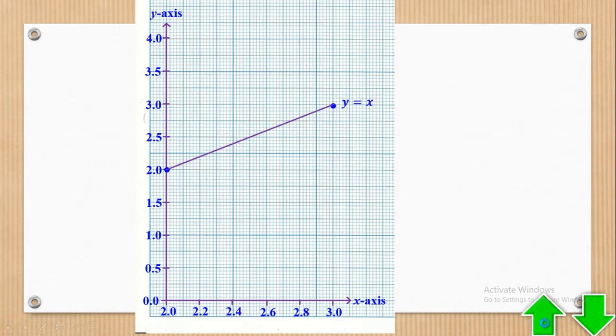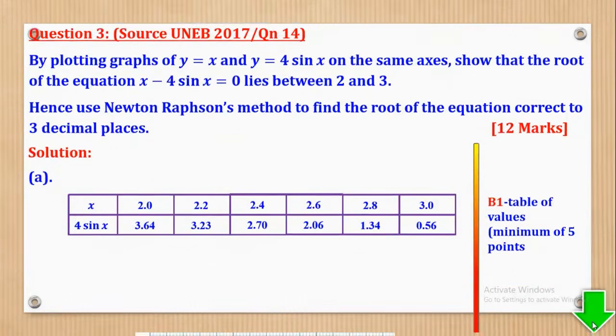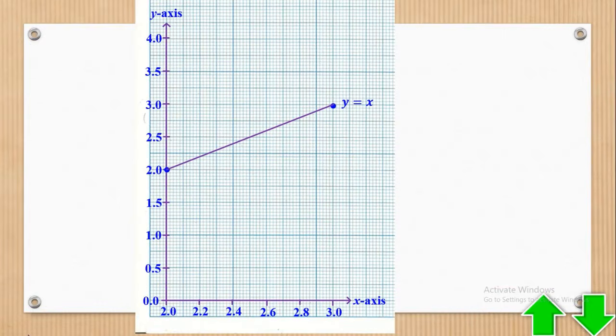So next is for this other curve of y equal to 4 sine x, and these are the values, so we have to plot all of them. Therefore, we shall come here and say when x is 2, y is that.